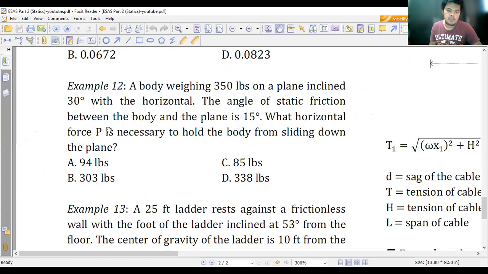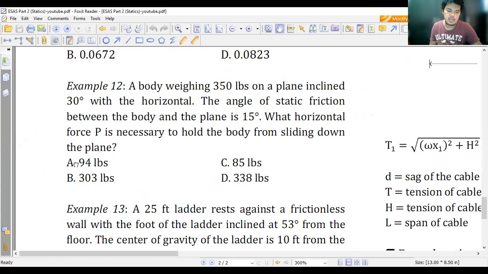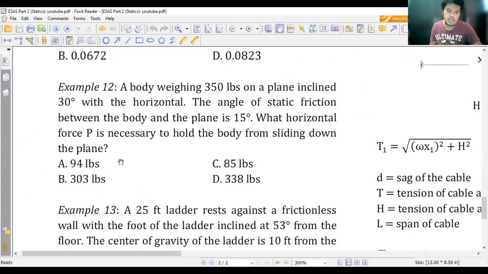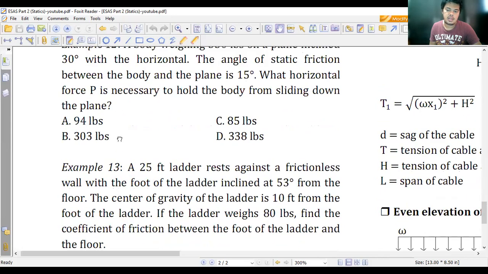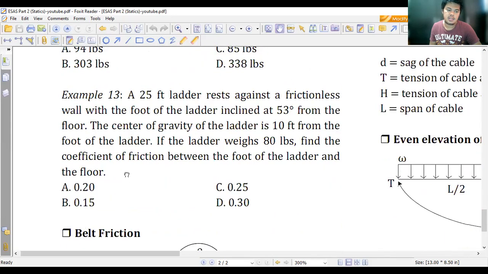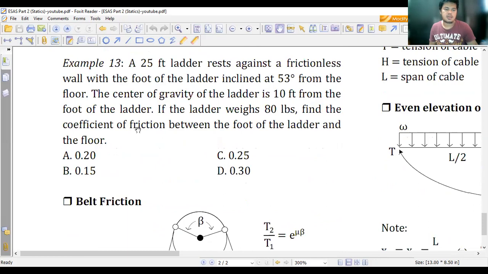The value that is being asked is the force P. So we have here letter A, 94 pounds. So 93.78 is rounded up to the nearest full number, which is 94. So that's letter A. And then we proceed to the next example.